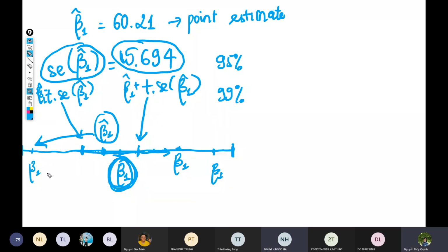I mean the line that is the beta 1 slope. When we take the estimation into account, does that slope just rotate to demonstrate our range?